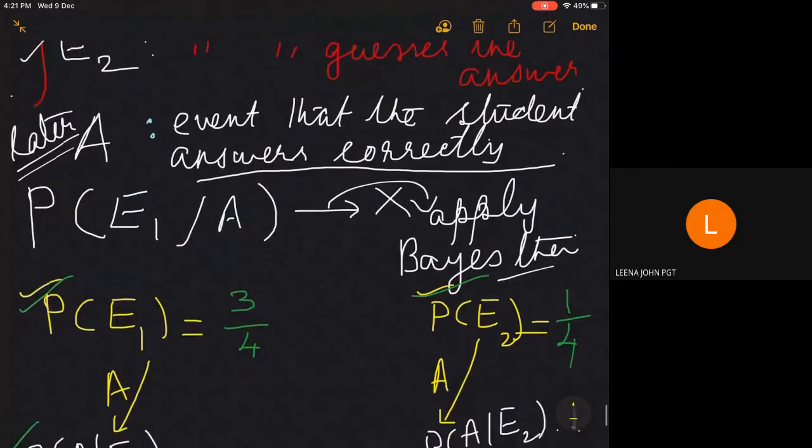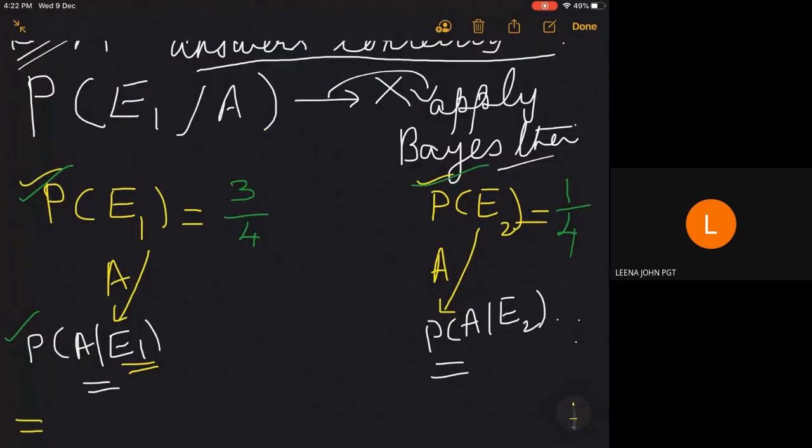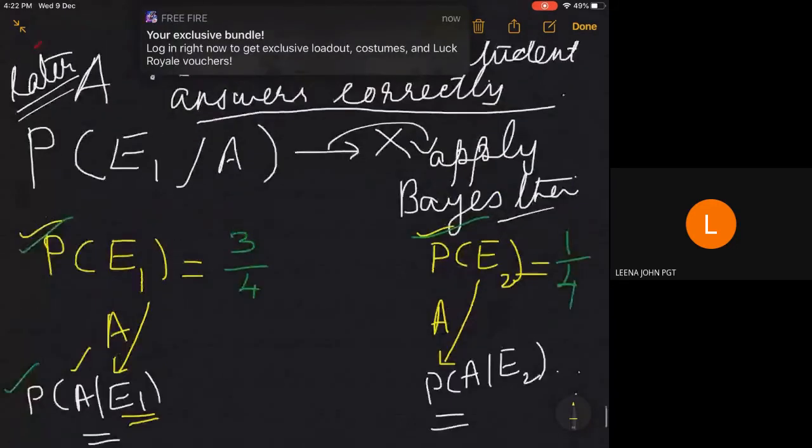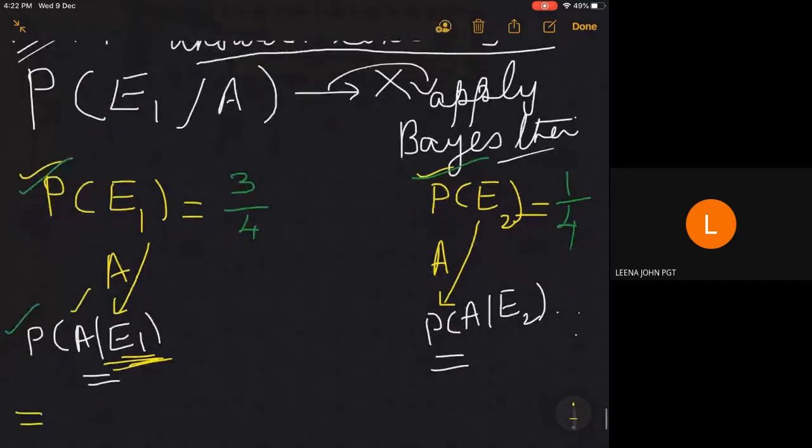Then what is the probability that he answers it correctly? So obviously, if a student knows the answer, the probability of writing the answer correctly is full chance. So that is equal to 1. If anybody knows the answer, then the probability of writing it correctly will be 1 only.